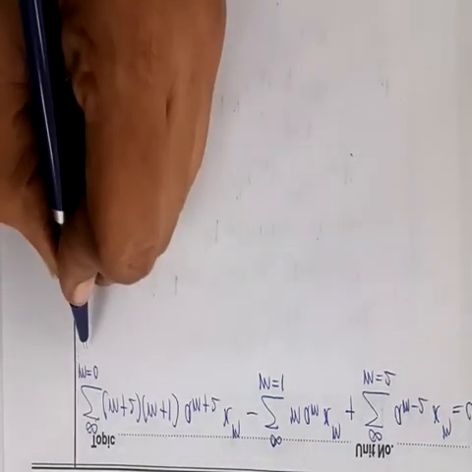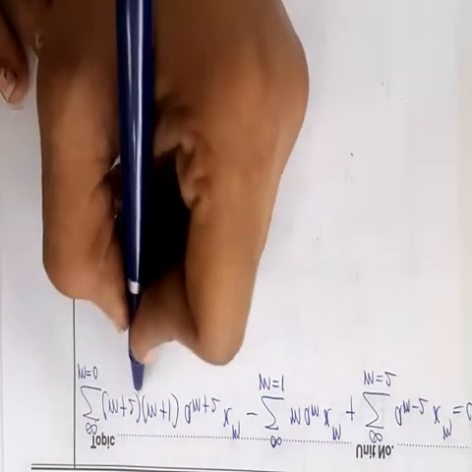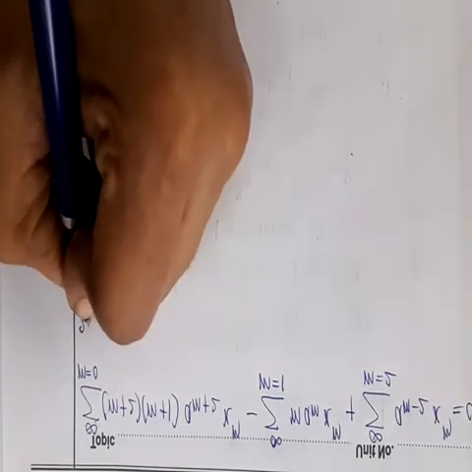So put m equal to 0 in the first term: 0 plus 2 is 2, multiplied by 1.